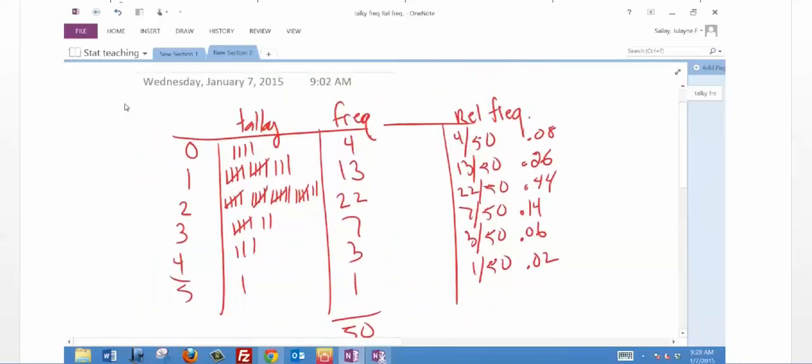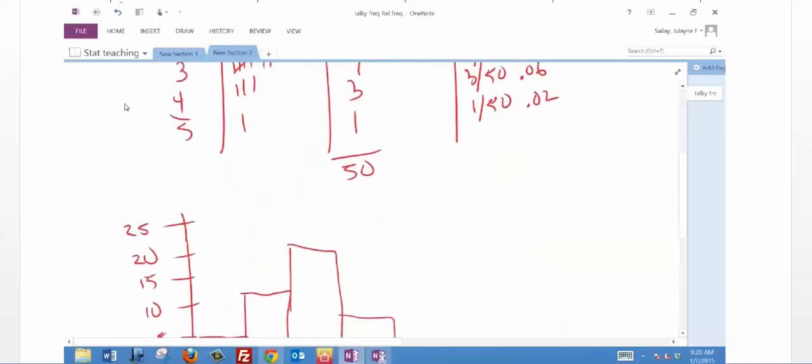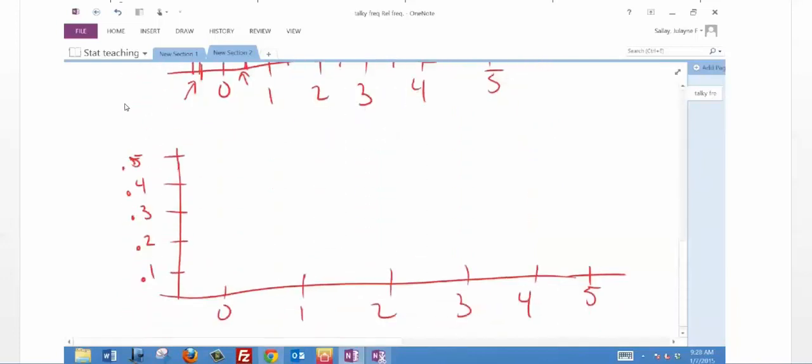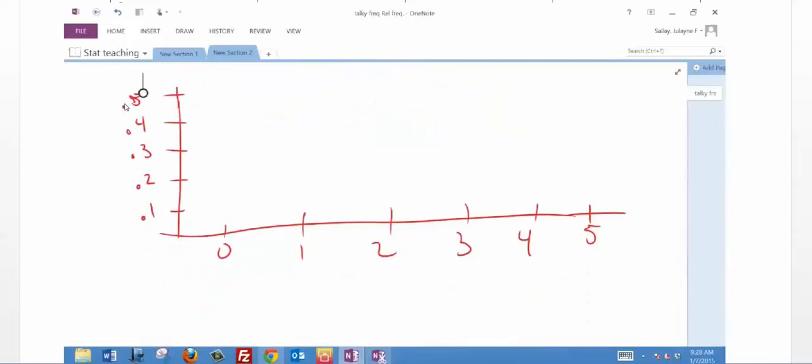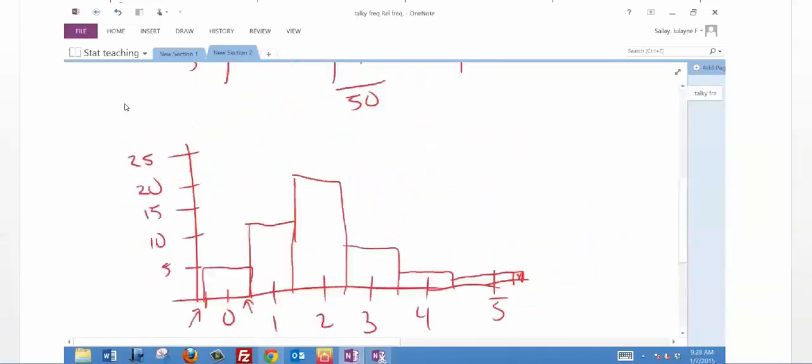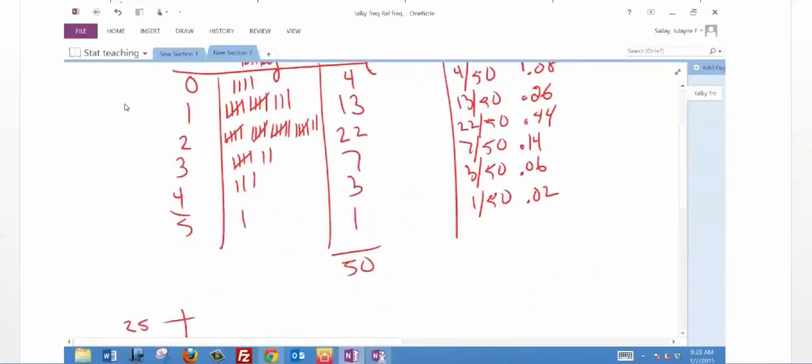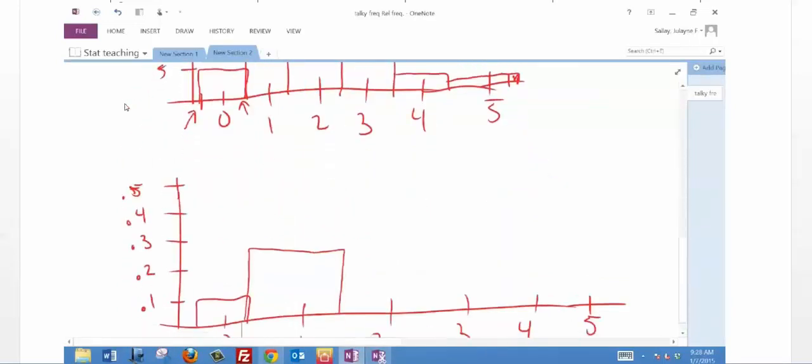And then you just go back in and see 0.08 and 0.26. So I draw rectangles that have that similar height. Now it should be the same picture. 0.44 and 0.14.